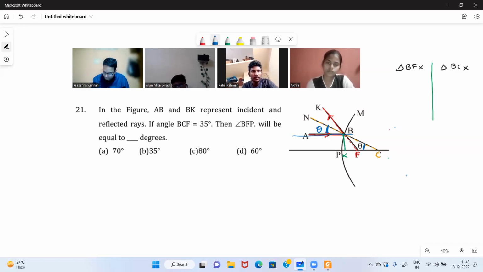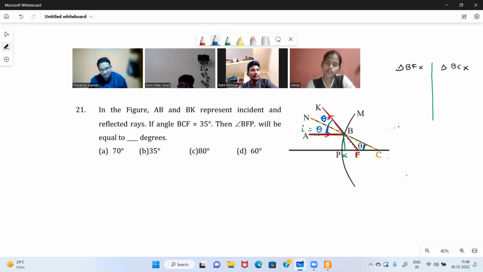Because these are two parallel lines cut by a transversal, so corresponding angles will be the same. So this is theta. But is it not the angle of incidence? So angle NBK is also the same. This angle will also be theta, because the angle of reflection equals the angle of incidence.